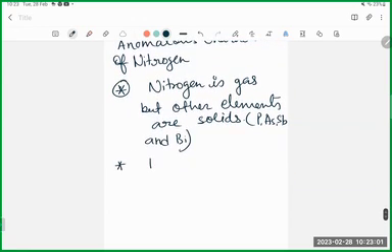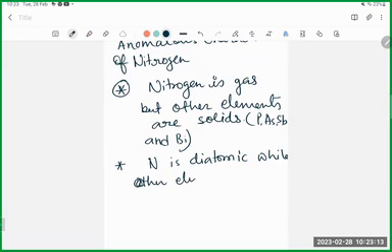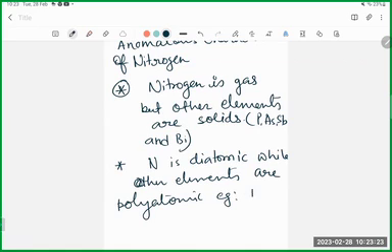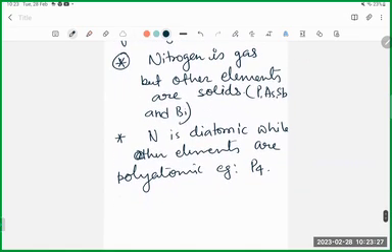Second property, nitrogen is diatomic, while other elements are polyatomic. For example, phosphorus exists as P4.